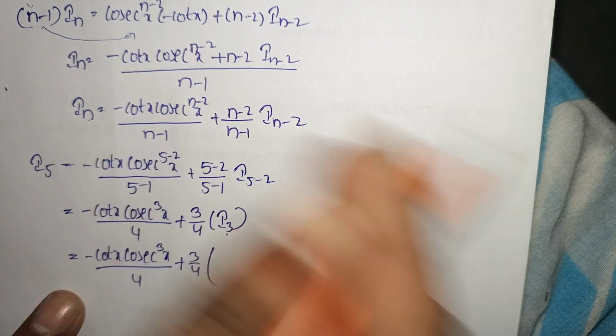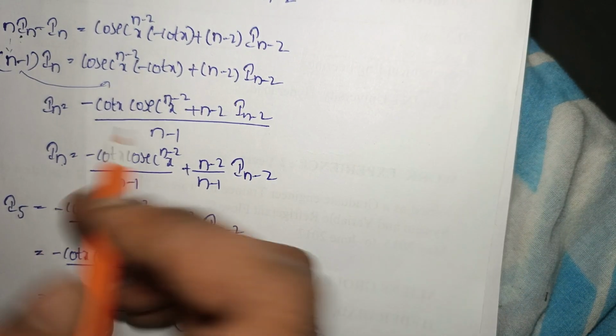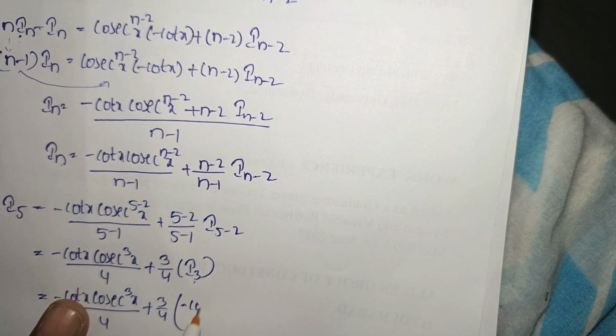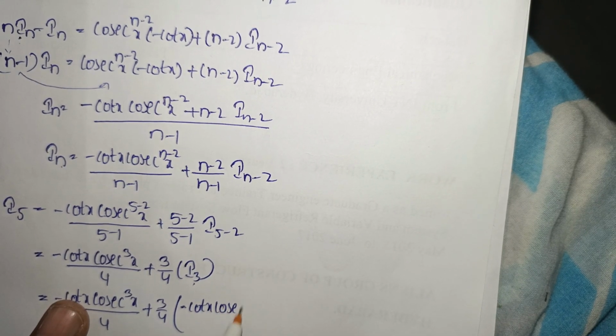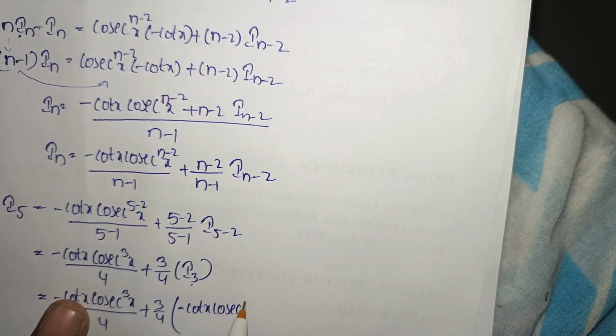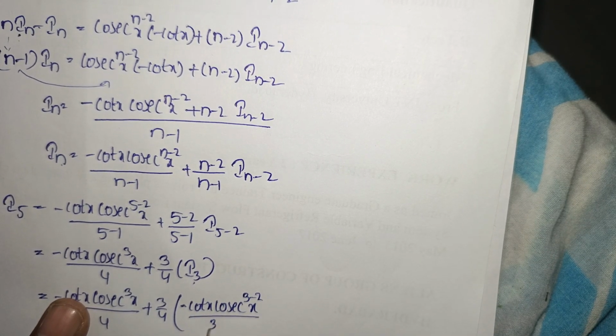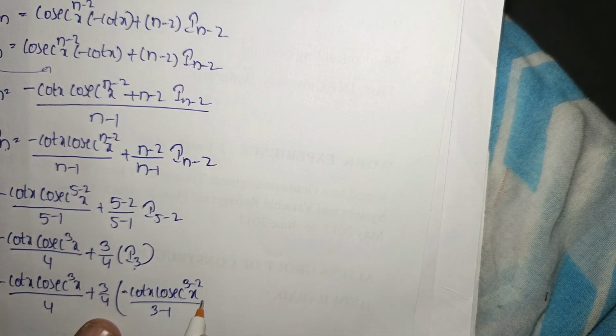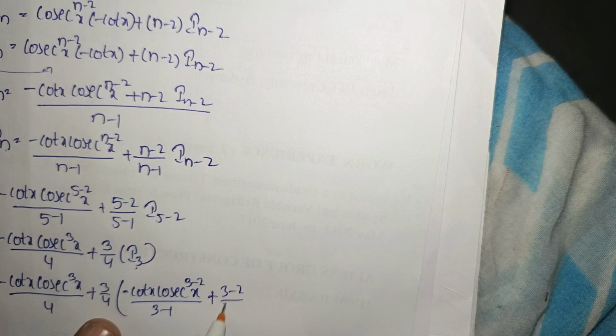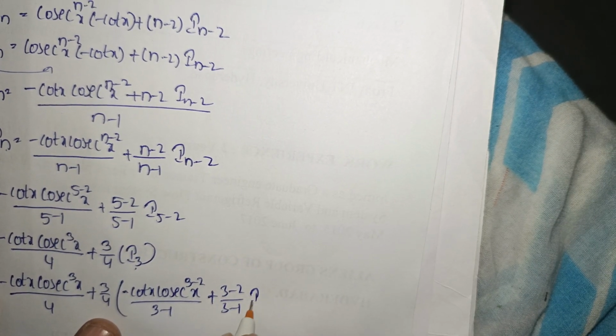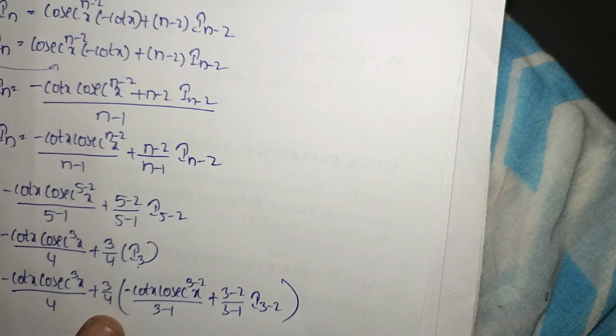Again, what is the formula here? Minus cot x cosecant to the power of n minus 2 x, here it is 3 minus 2, by 3 minus 1, plus (3 minus 2) by (3 minus 1) into I_{3-2}.